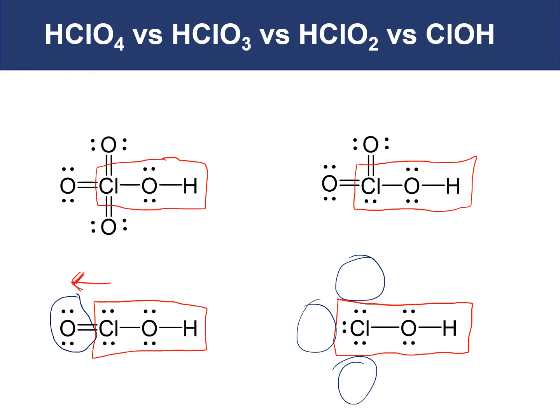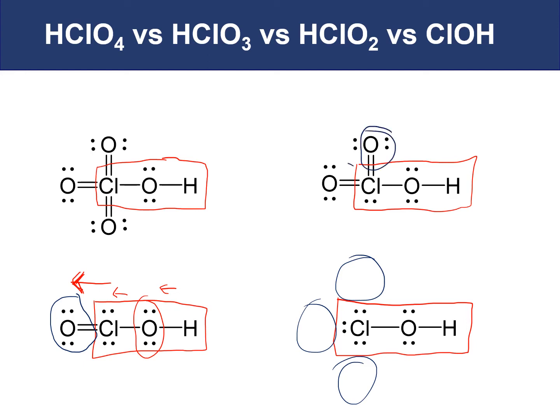So if it's pulling electron density from the chlorine, that chlorine needs to get it back, so it's going to pull a little bit stronger on the electron density away from the acidic oxygen. That will weaken the hydrogen-oxygen bond, because this oxygen here will be pulling electron density towards it.